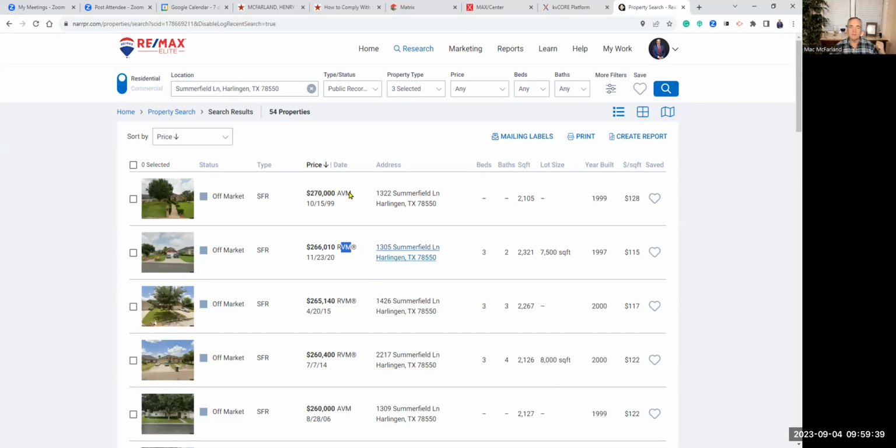So the Realist works just like this. It gives you an automated value based on their systems, right? Correct. So there's going to be some differences because of the systems they use. I would imagine, since the Realist is combined with CoreLogic, it's probably a little more accurate than this AVM.